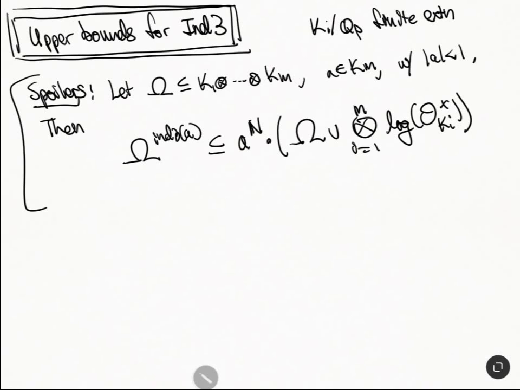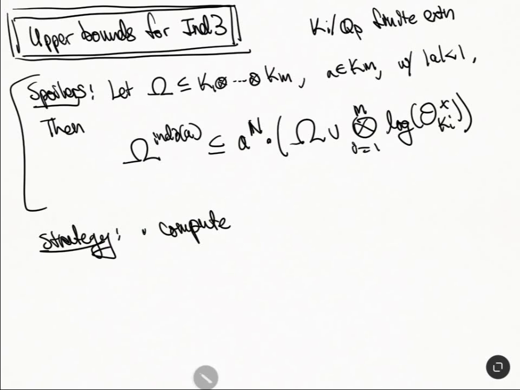So where does this begin? This begins with the product version. So the strategy is it's just a computation.